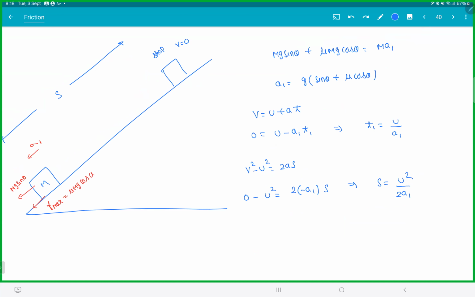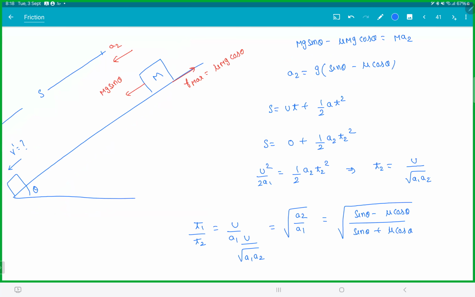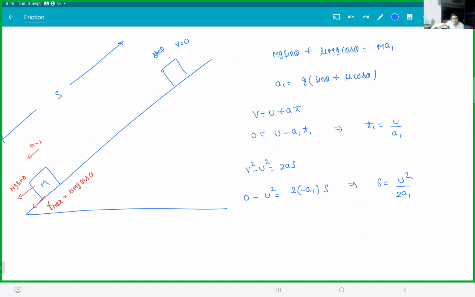Is this clear? Clear, everyone? Next one. Any doubts on this page? Can you show the previous page?